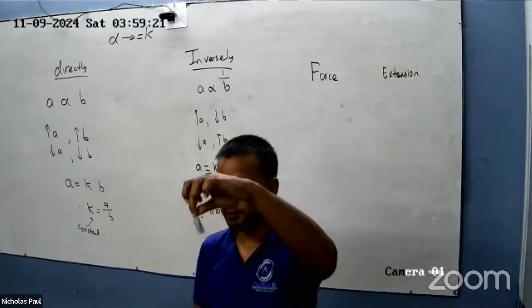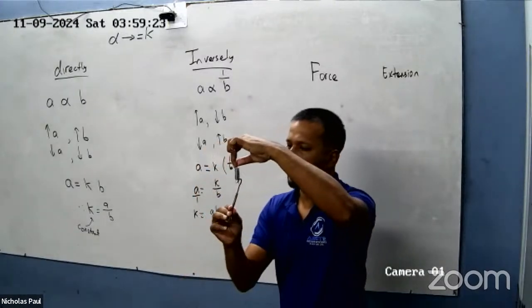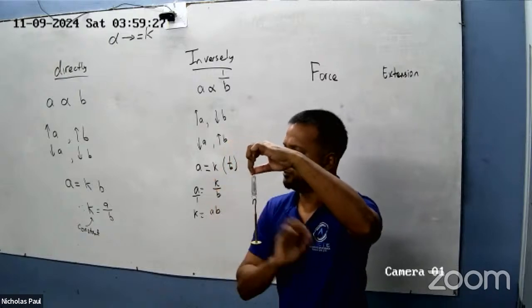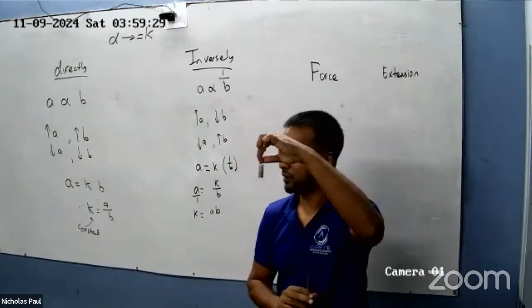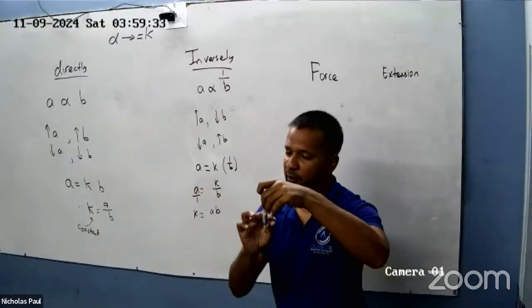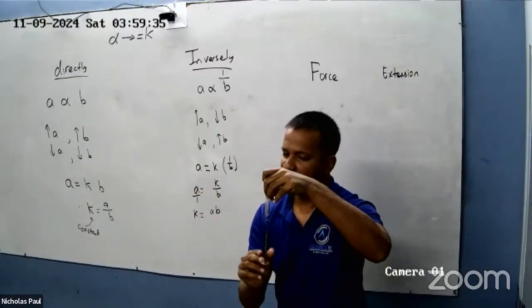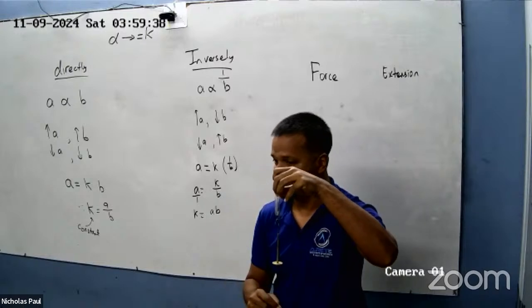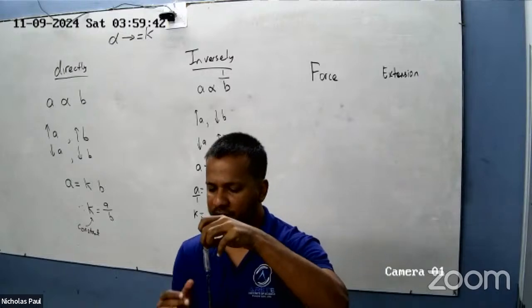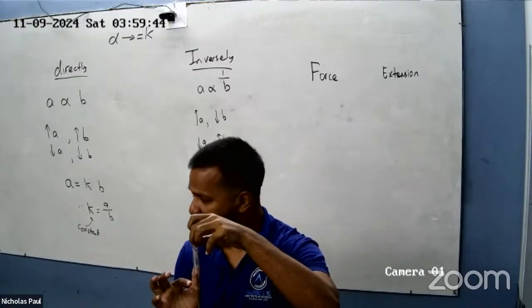Let's say I give you a spring and we have a mass holder attached to it. Some people use this as the original length and then use the difference as the extension, but for our purpose, we will use this as the original length.